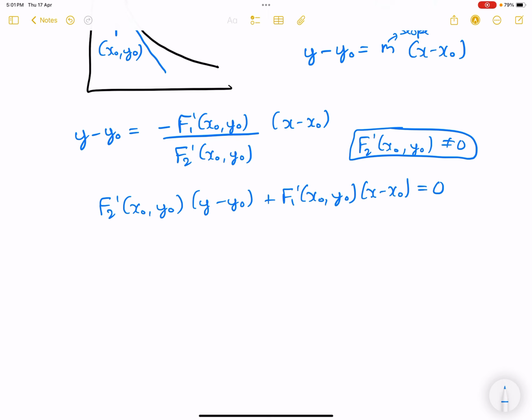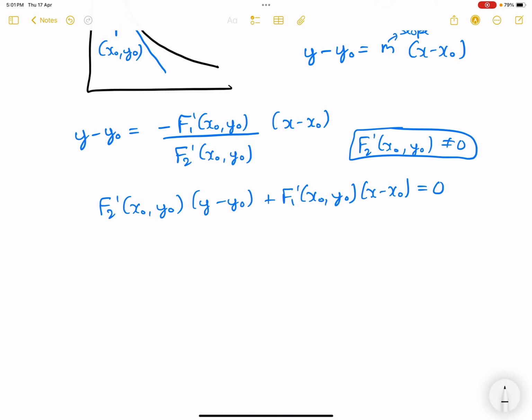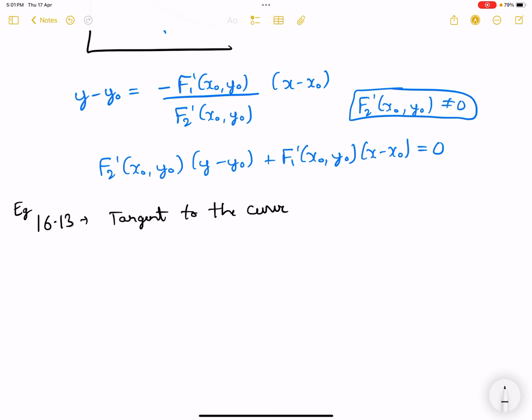Okay, now the question is, we are doing example 16.13, and they have asked to find the tangent to the curve given in example 16.10: x cubed plus 3x squared y minus 2y squared plus 10 minus 10y equals 0.